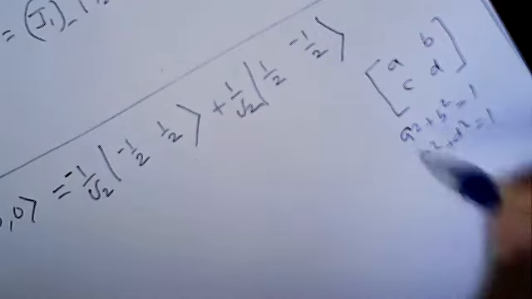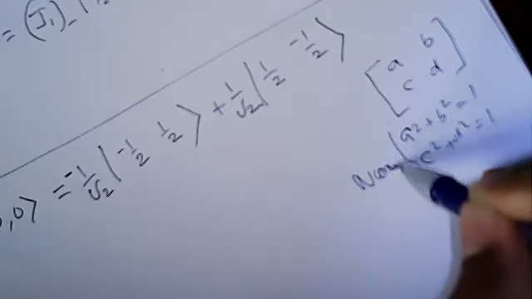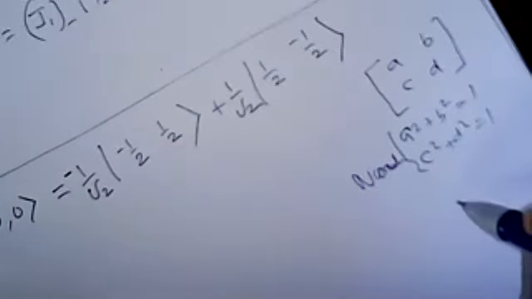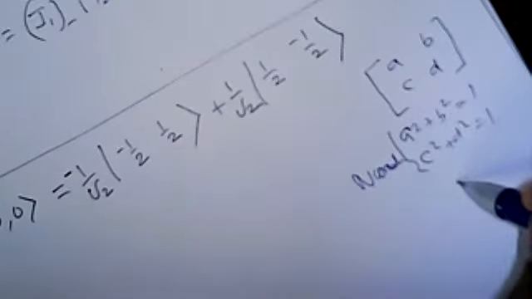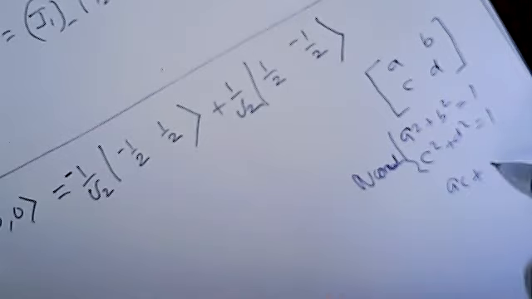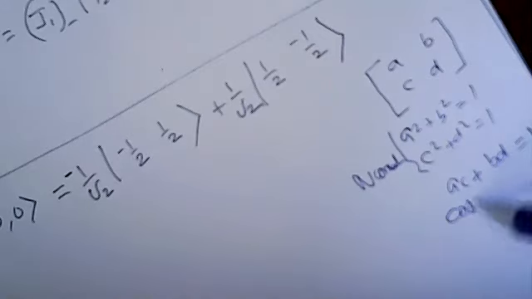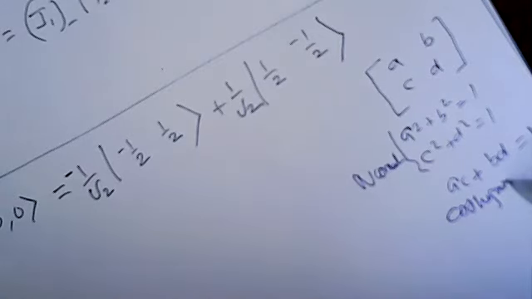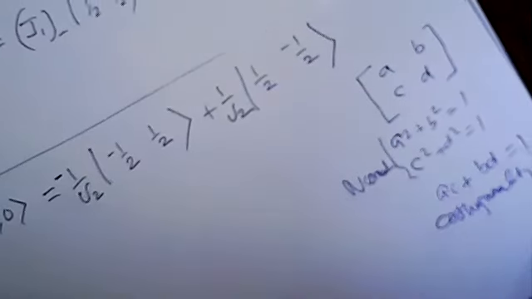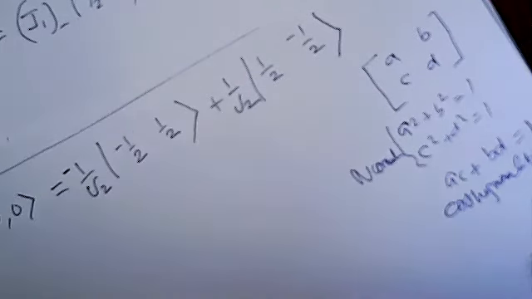So that is normalization. And the orthogonality means AC plus BD. AC plus BD equal to 0 means orthogonality. That I will explain later when we discuss the theory part or recursion relation.